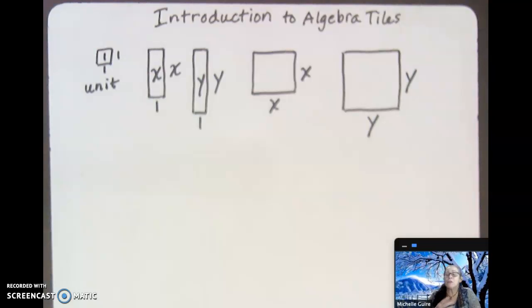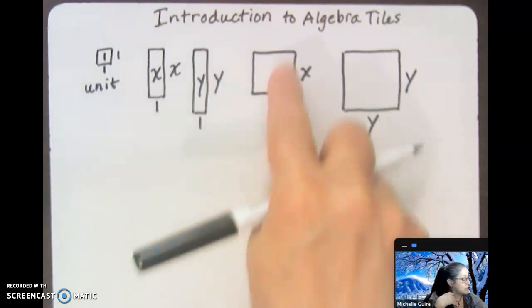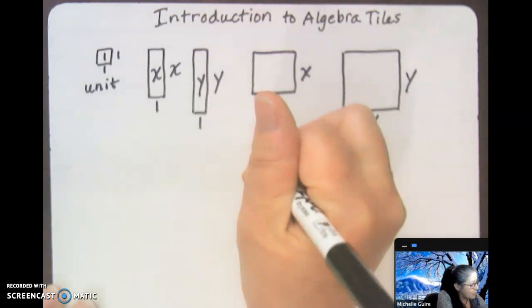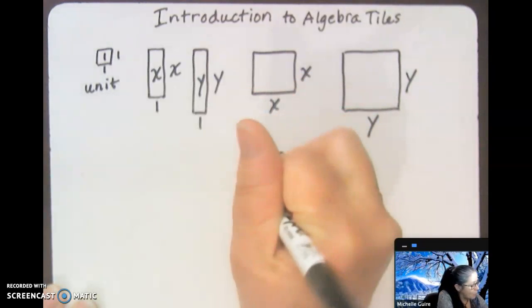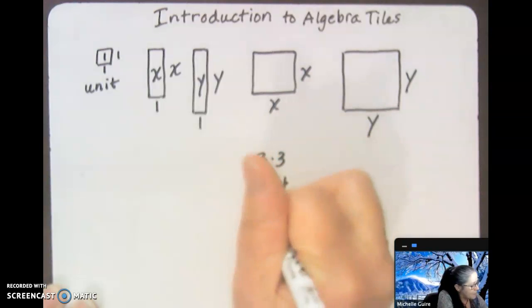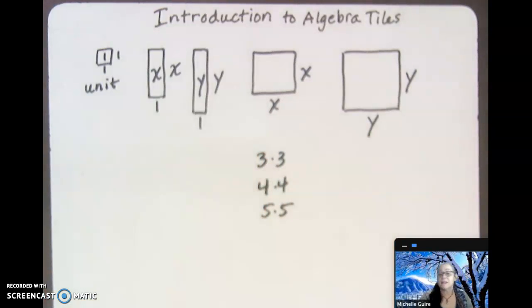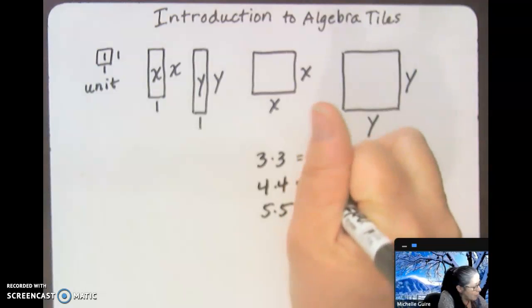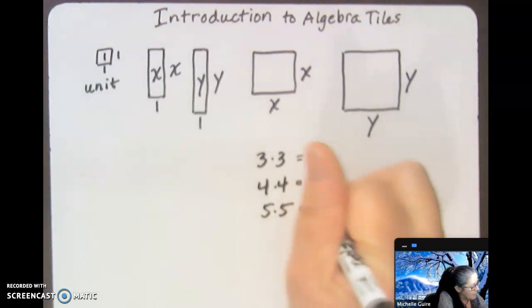So now I want to write something that you don't have to write down so we can figure out what we are going to call this tile and this tile. So if I have 3 times 3 or 4 times 4 or 5 times 5, there's a shorthand way of writing this when we have a number times itself. And a lot of you are thinking, that's right, Ms. Geyer, that's a squared value. And so that would be 3 squared, 4 squared, and 5 squared.